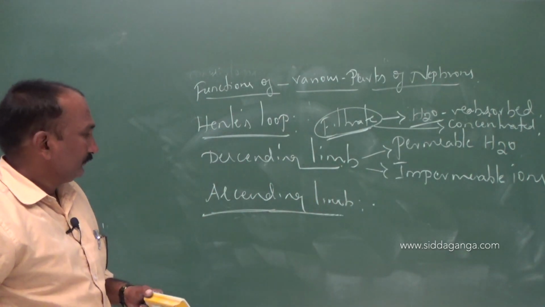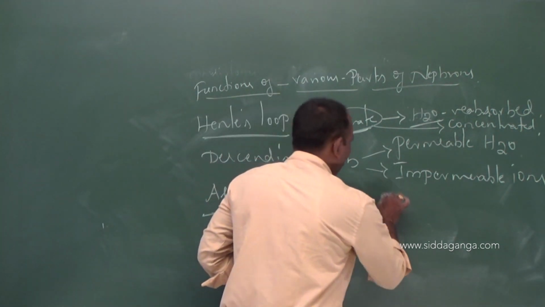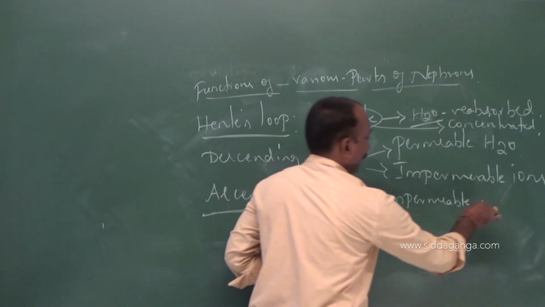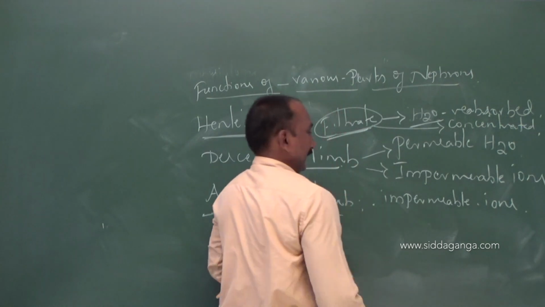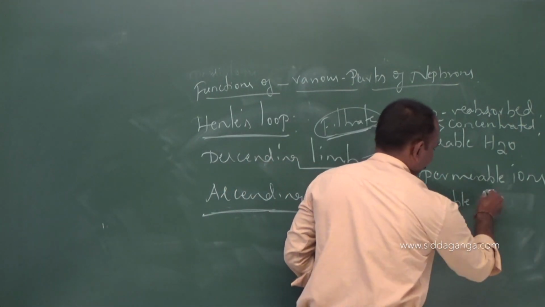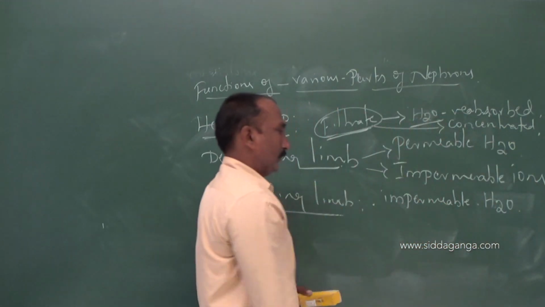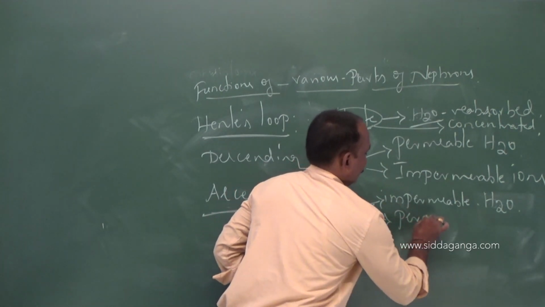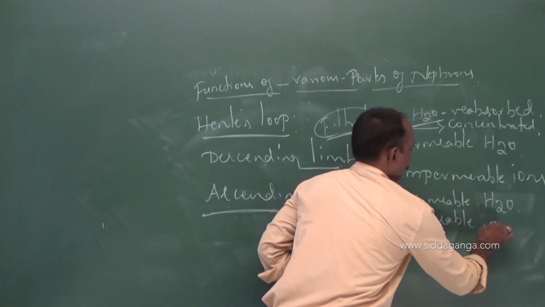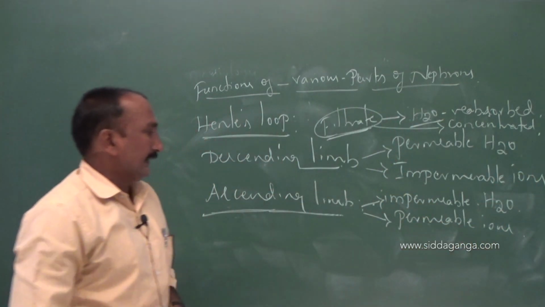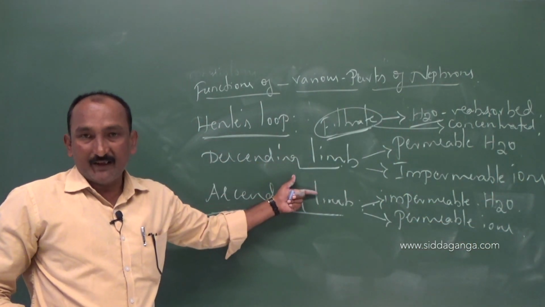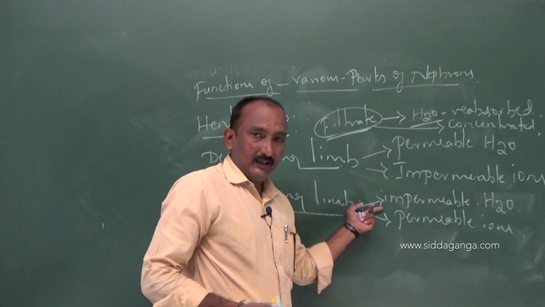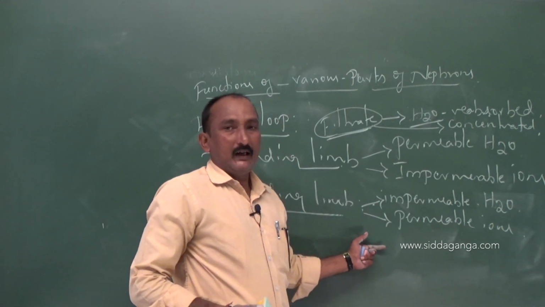Similarly, the ascending limb is impermeable to water and permeable to ions. It is totally opposite to the descending limb.